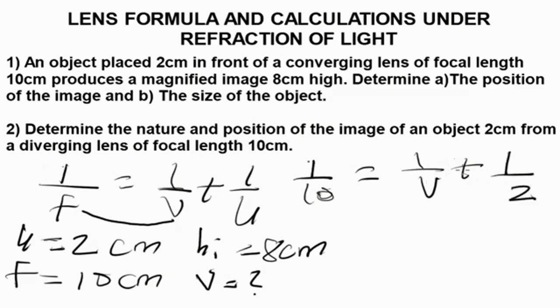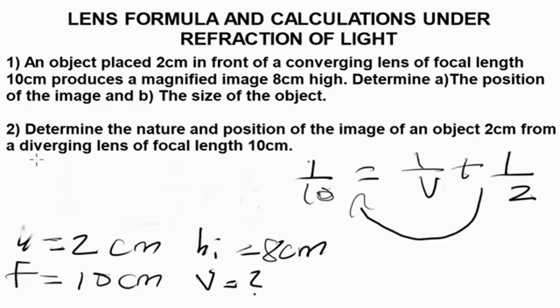Alright, so to make v the subject of the formula, this 1 over 2 will cross over the equality sign and change to negative. So it's going to be 1 over 10 minus 1 over 2 equals 1 over v.